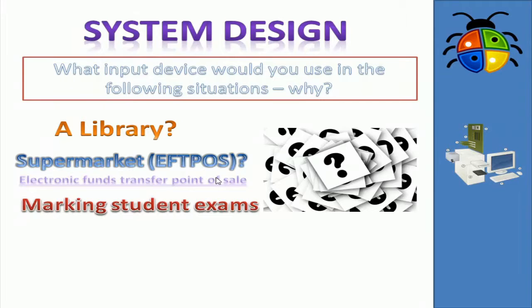So that could be with a magnetic stripe, or a smart card, or other things like this. Sorry, I'm kind of telling you part of the possible answers, but EFTPOS is electronic funds transfer. How do you transfer funds electronically? And the last one, marking student exams.